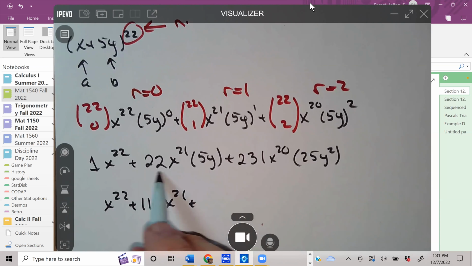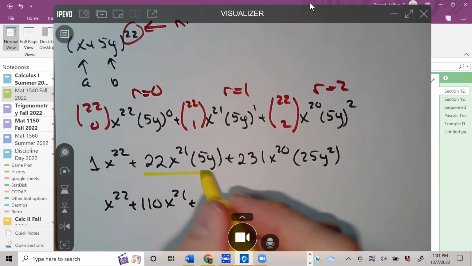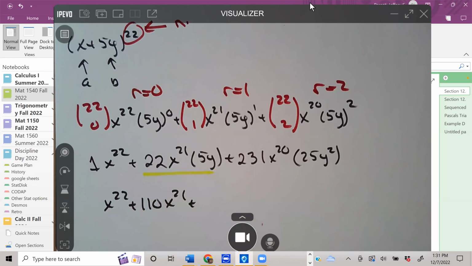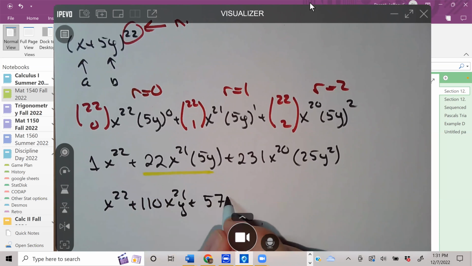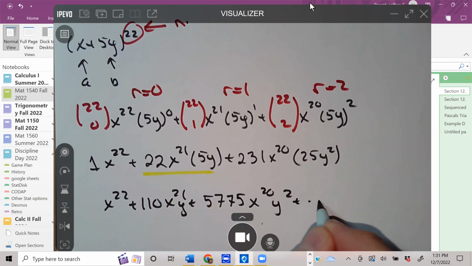What did I forget from this product right here? The y, yeah, forgot the y. Let's squeeze in the y there. And last but not least, it's going to be 5,775 x to the 20th y squared. Now, there is other stuff, but all they asked you for was the first 3 terms. So, yay.